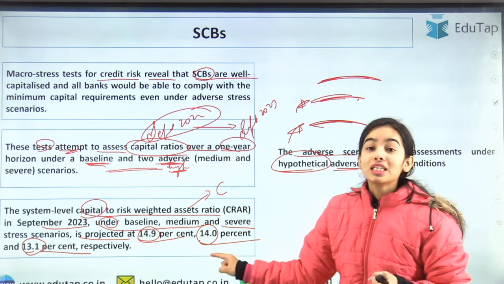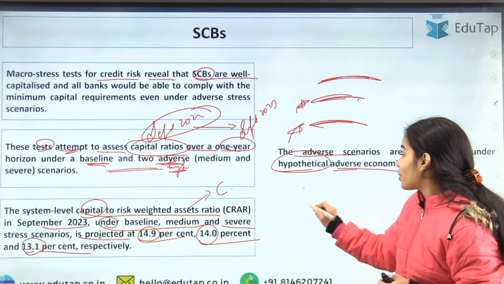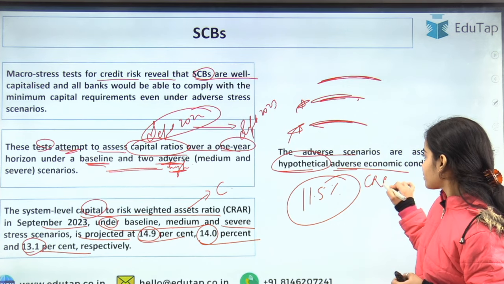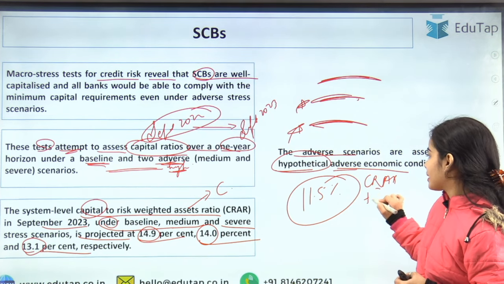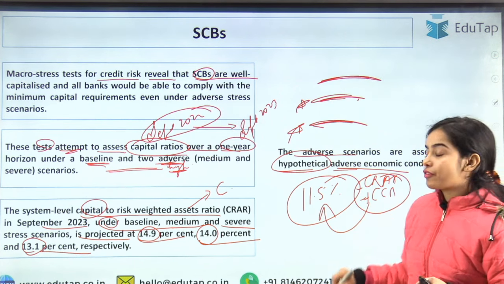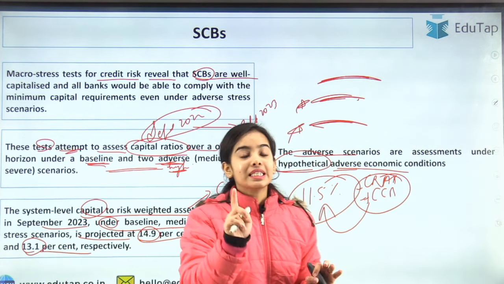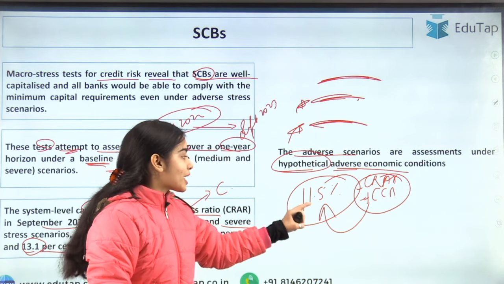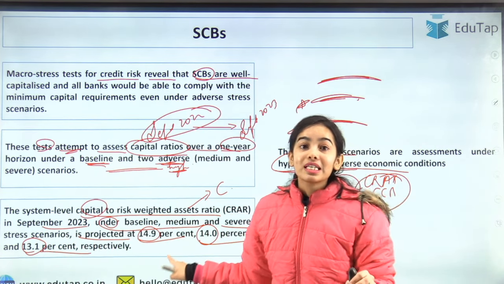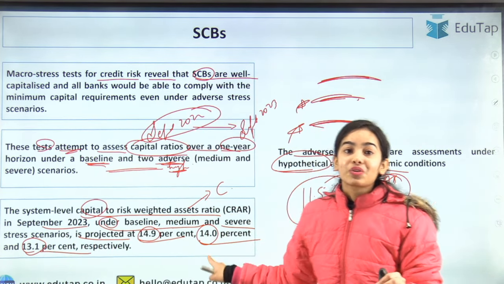Now all these percentages, you can see, are above the 11.5% mark of the CRAR with the capital conservation buffer. So CRAR plus the capital conservation buffer should be 11.5%, that is according to the RBI. The bank should have a minimum of this. So even the severe stress condition shows that we are going to have above 11.5%.